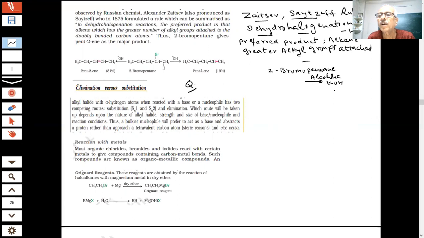Write the products. You have to write the products and also mention which is the major product and which is the minor product. You have 1 minute before I answer the question, students.